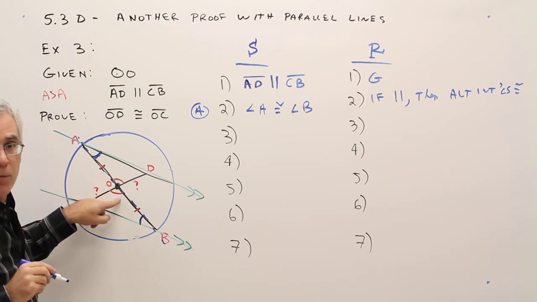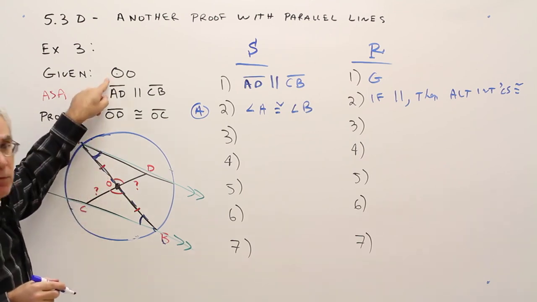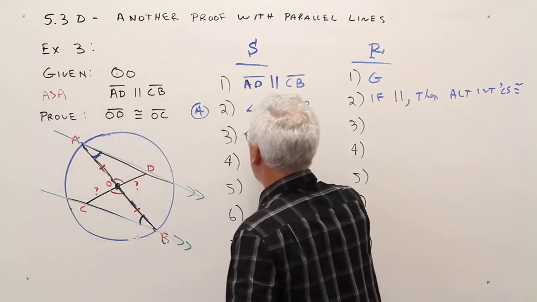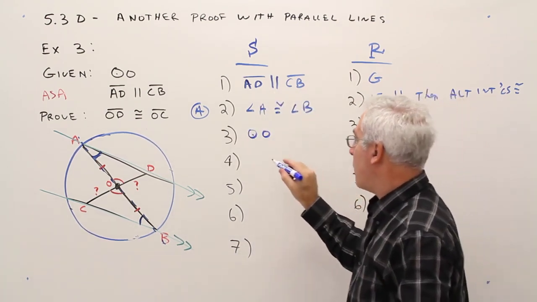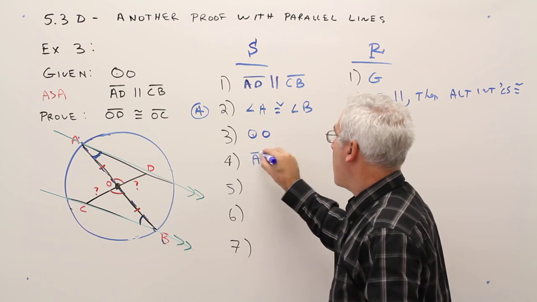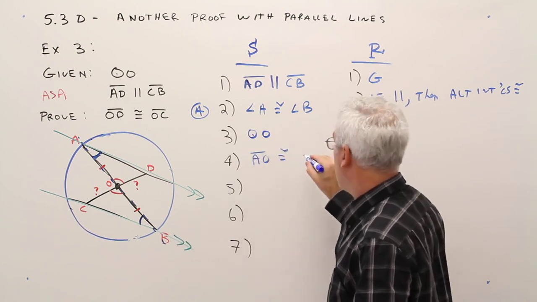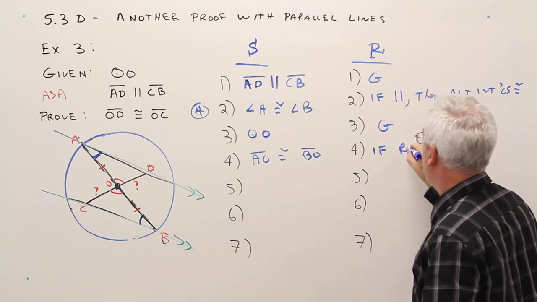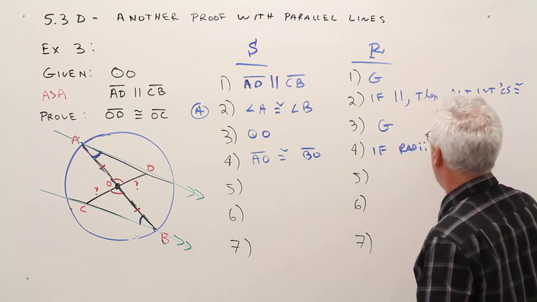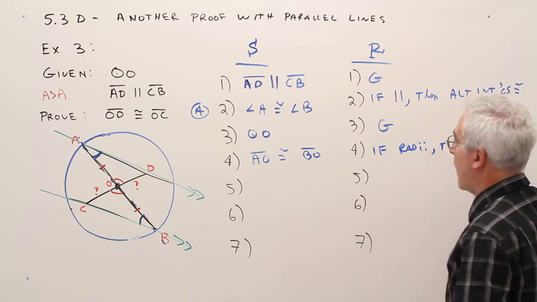Then I'll get my side. My side stemmed from the radii, so I'll have to now state the circle and then the radii. So I'm given circle O, and then from that I'm going to get the radius. AO is congruent to BO. If radii, then congruent.